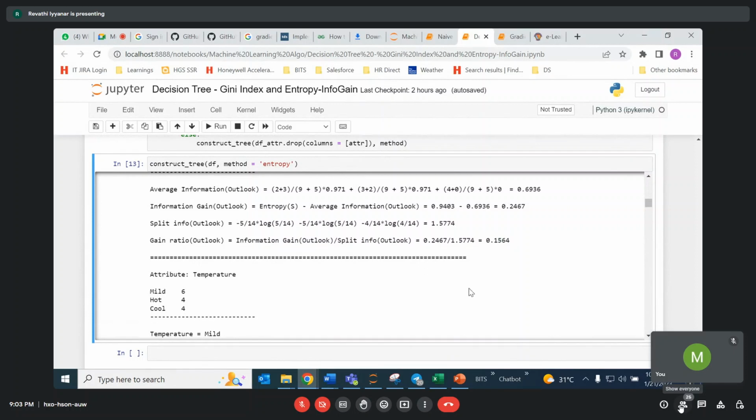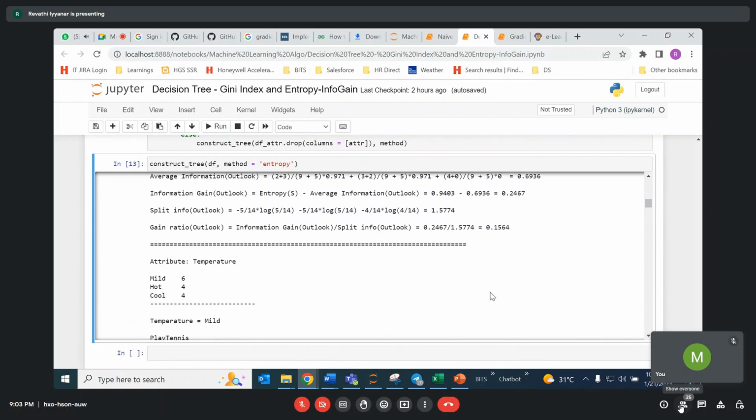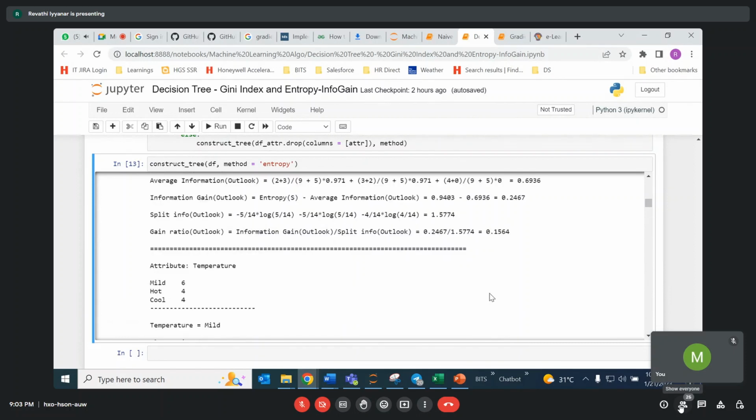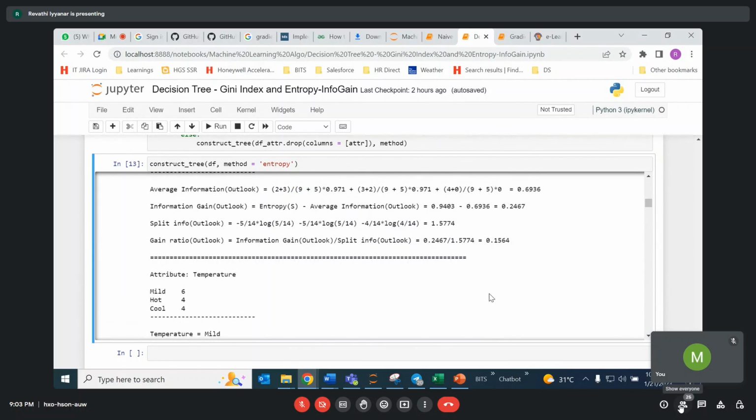My understanding is gain ratio is helpful when ID sort of columns are given, ID or date. I'm not sure. For them, the information gain will split the tree into all leaf nodes only. Every row will become a leaf node. For student ID, someone can correct me. That's my understanding.